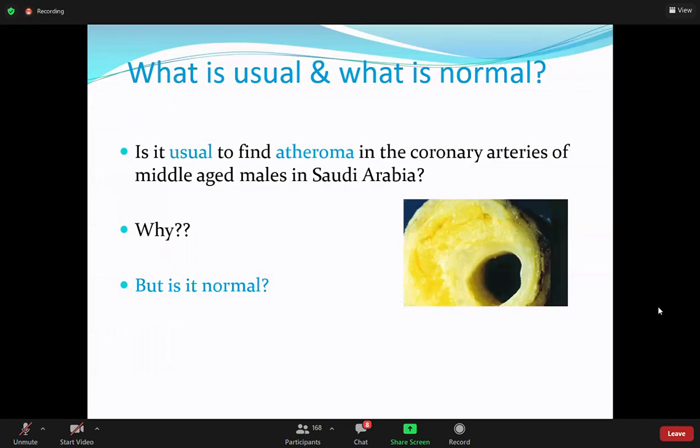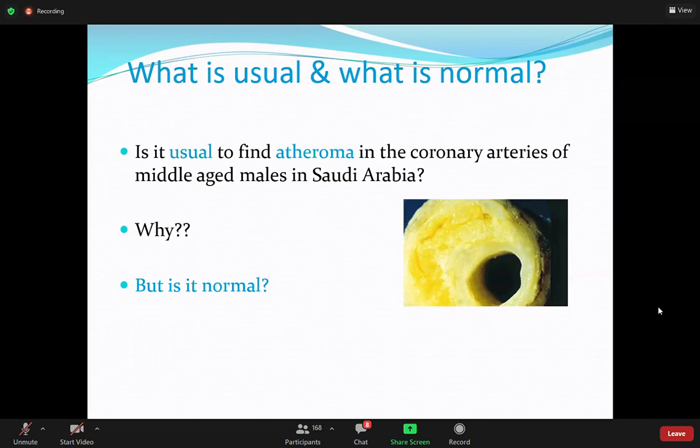It blocks the coronary artery. Normally, the coronary artery size was this much, right? But slowly, gradually, it is compressing the lumen so narrow that it is hardly allowing the blood to pass. And one day, it will completely occlude the coronary artery. And when it is occluded, what will happen? Myocardial infarction, right? So it is usual, but it's not normal.